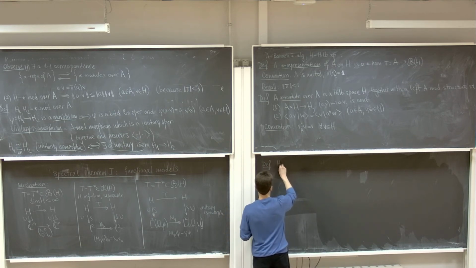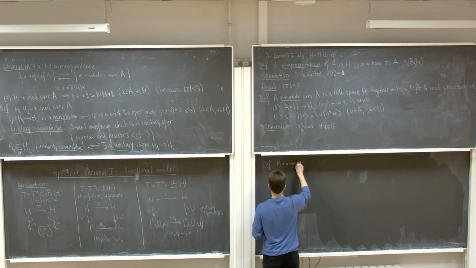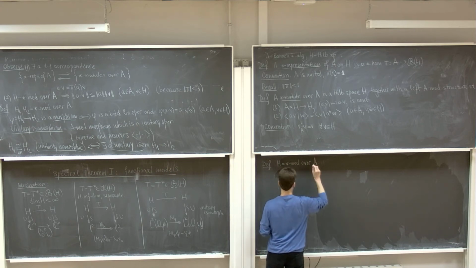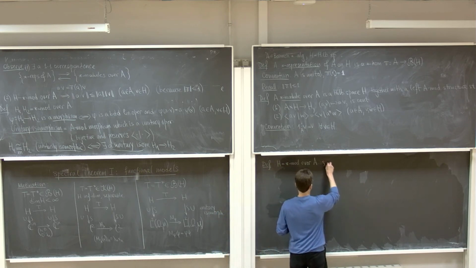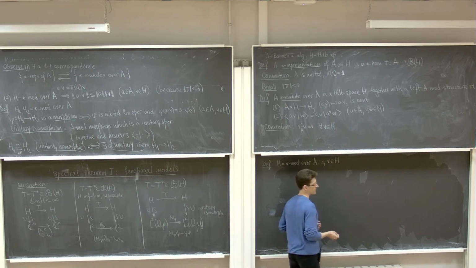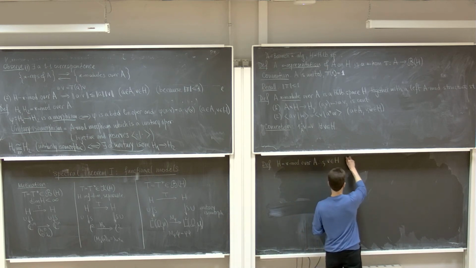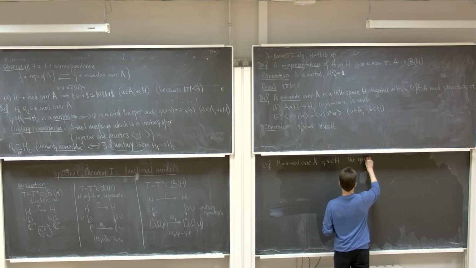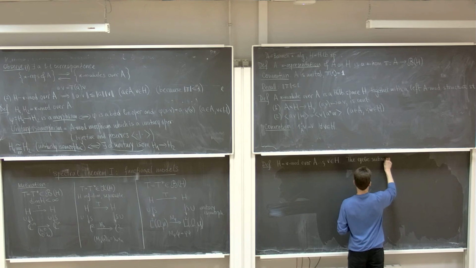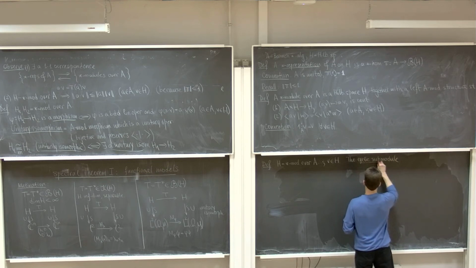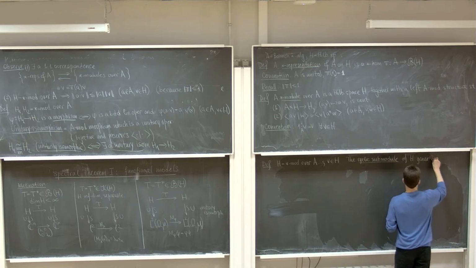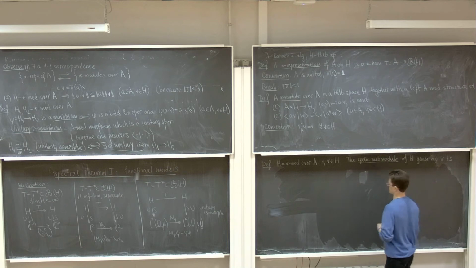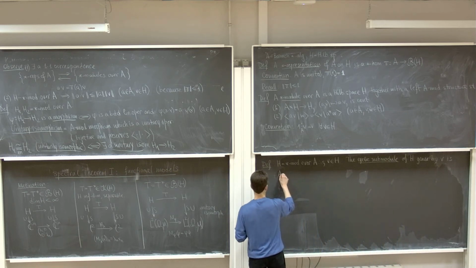Suppose that H is a star module over A, and as before, A is a unital Banach star algebra, and suppose that V is an element in H. We define the cyclic submodule of H generated by V as follows. So this is the submodule of H denoted like this.